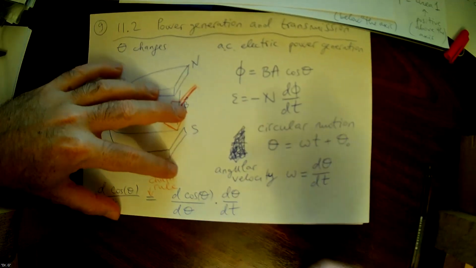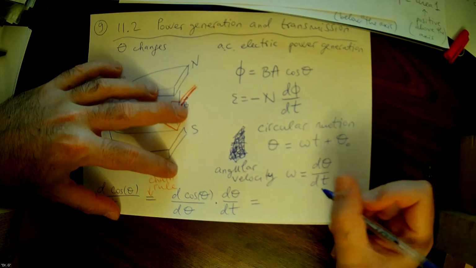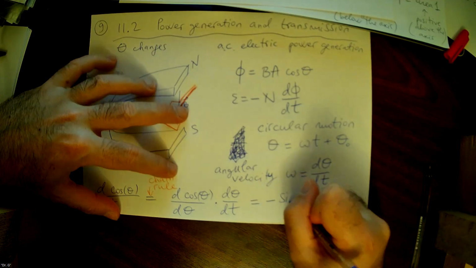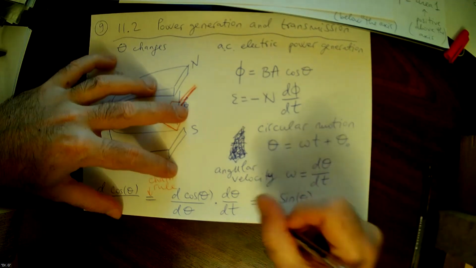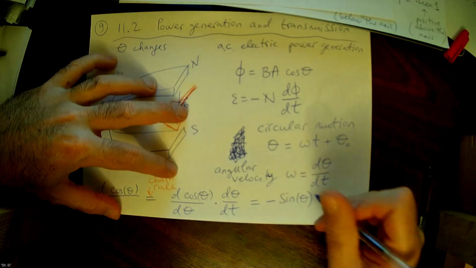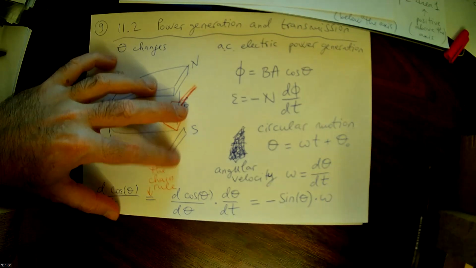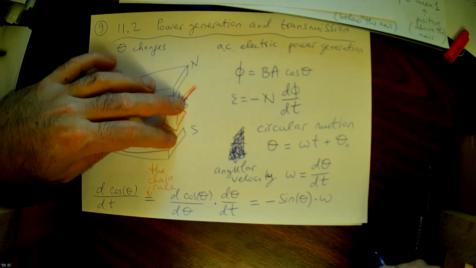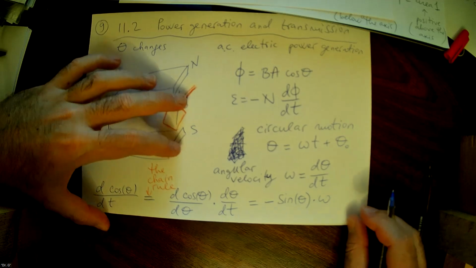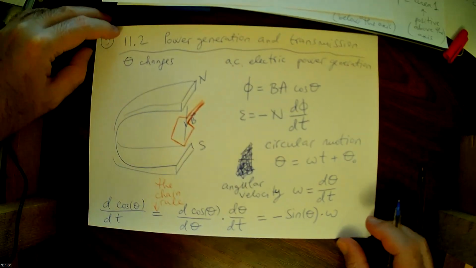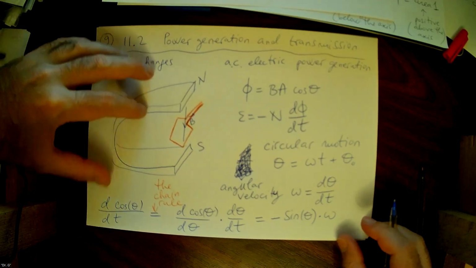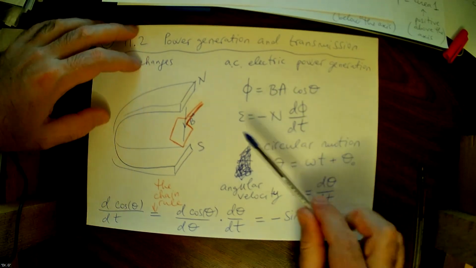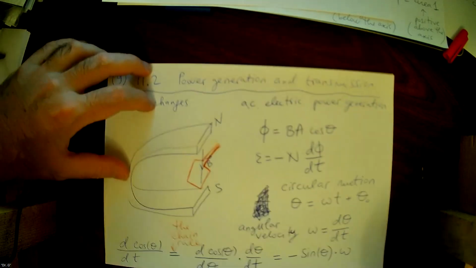The derivative of the cosine is the negative sine of theta. D theta over dt is omega, yeah? So this gives me the derivative I need for the EMF.